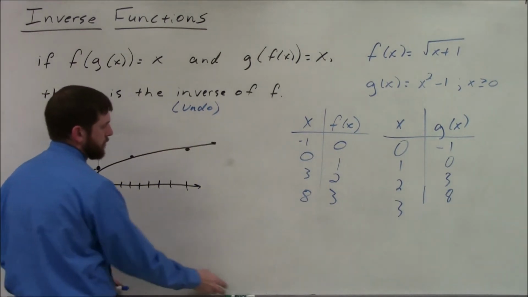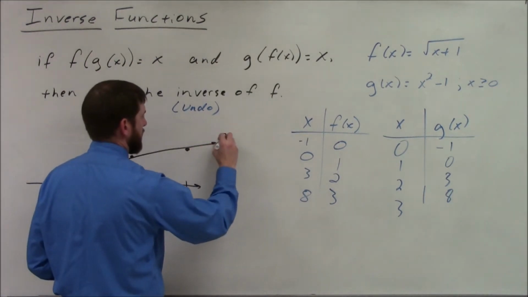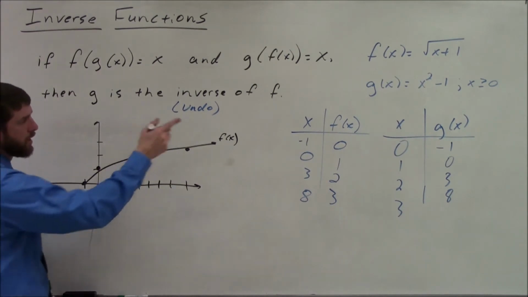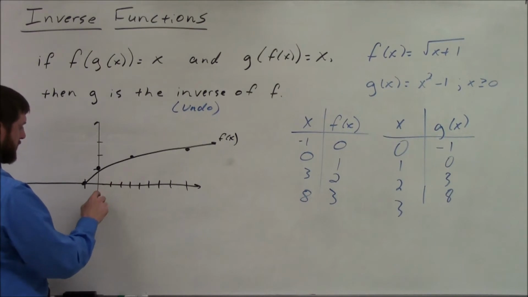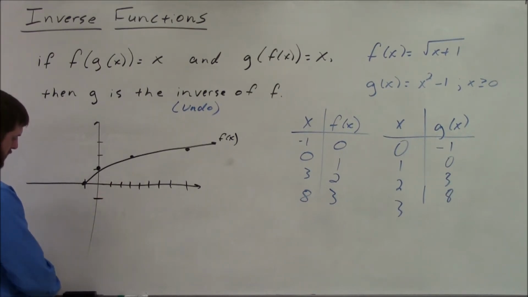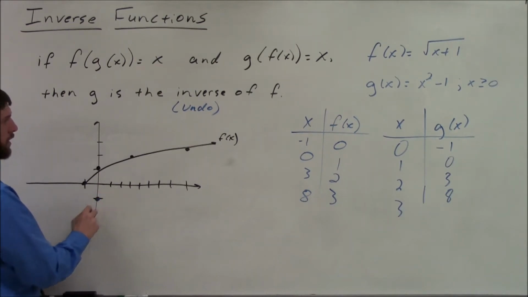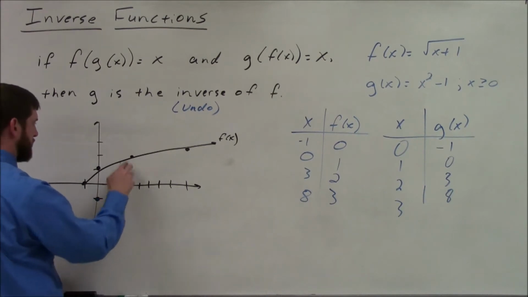Well, if I was to look at my g equation, so this was f of x. If I was to look at this g equation, the graph for the g function, 0 is at -1. So over 0, down 1. 1 is at 0. 2 is at 3.